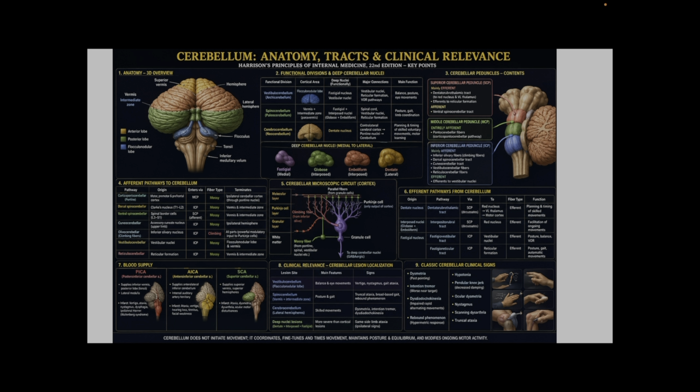So blood supply. Posterior inferior cerebellar artery supplies the inferior cerebellum and is associated with Wallenberg syndrome. Anterior inferior cerebellar artery supplies the anterior inferior cerebellum and may produce hearing loss when infarcted.